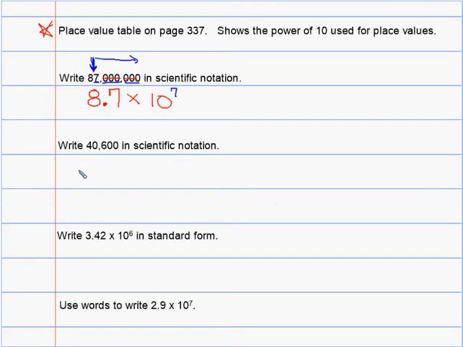Okay, let's do another one. We're going to write 40,600 in scientific notation. So again, figure out where we need to put the decimal so that there's one digit in front of the decimal point. I have a 4, so I'm going to put the decimal right there. So we're going to write 4 point.